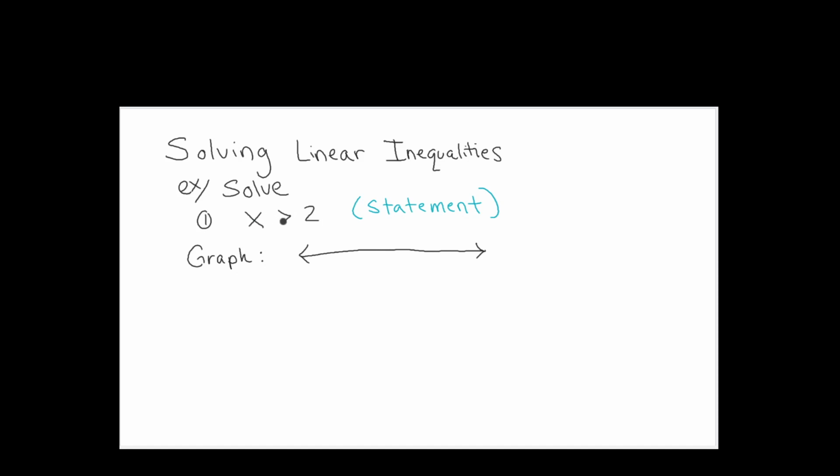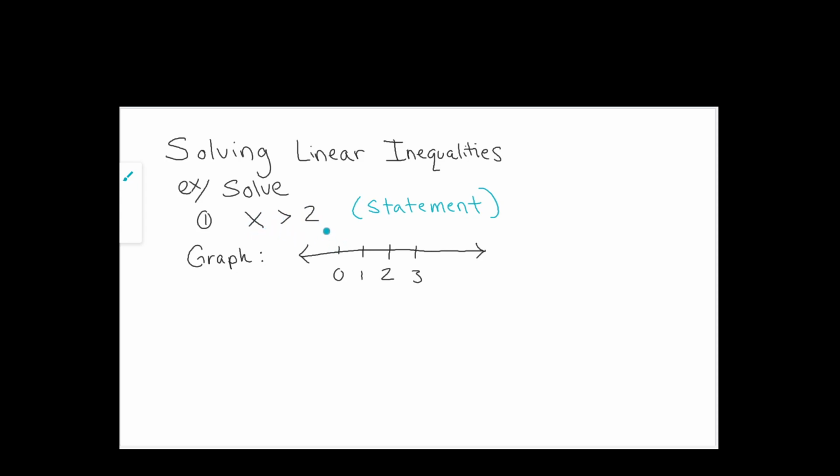In this case, x is larger than 2, so I'm just going to plop a 2 down. If you want to, you could fill in the 1s and the 0s and maybe a 3. If you go any further than that, it's excessive, but you can if you want to. The main point is that 2 is our point of interest.